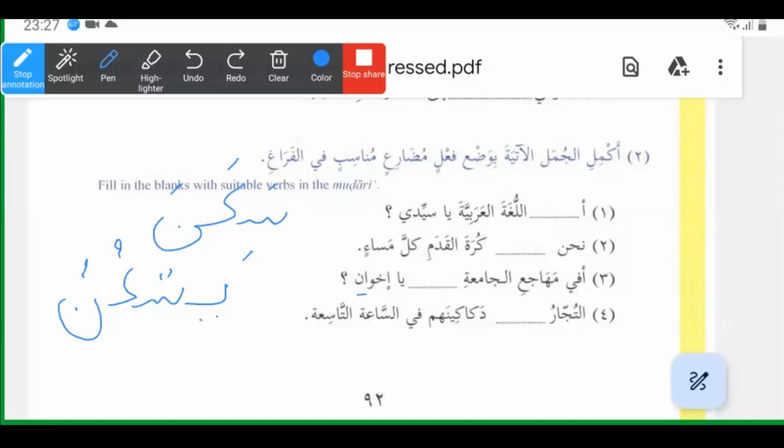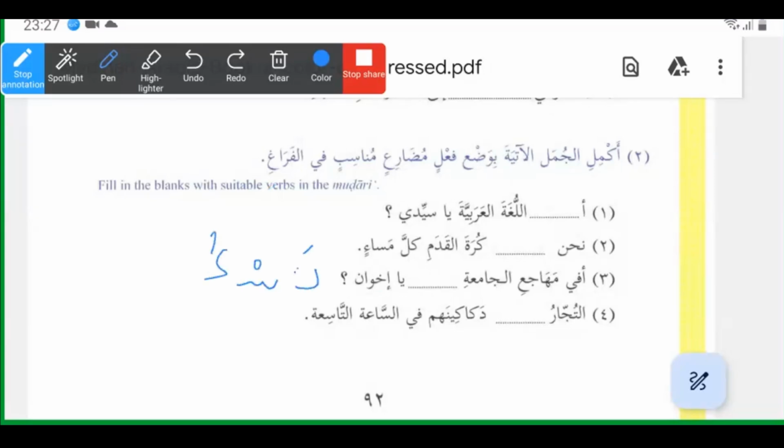Now it is a jama, so it means it is mukhatab, so it means taskununa. Taskununa. So it means Afi Mahajil Jamiati, oh brothers, are you staying in the hostels of the university? So are you staying in the university hostels, oh brothers?